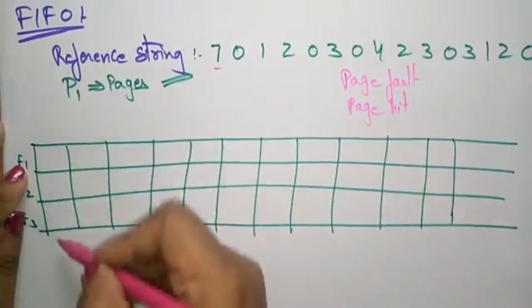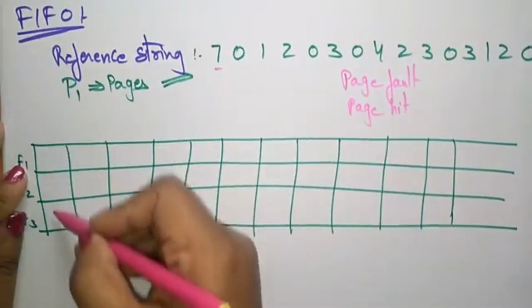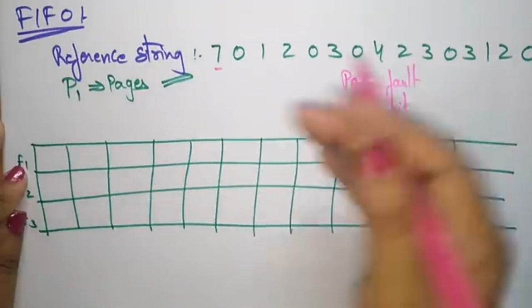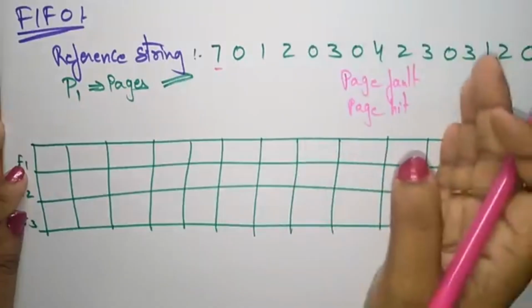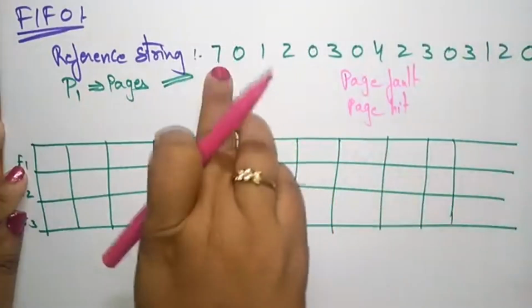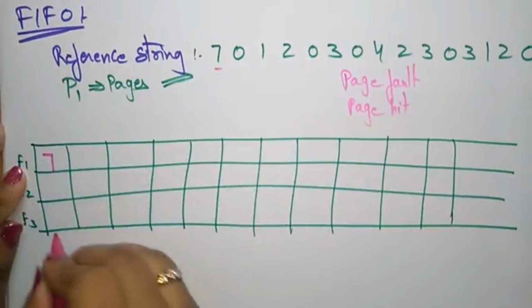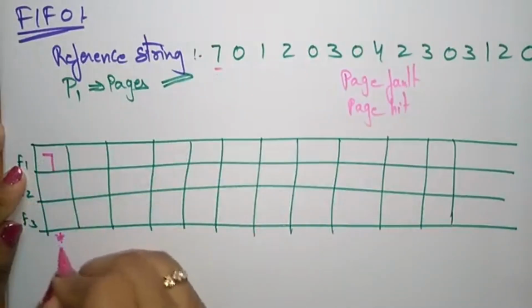First it is free, so 7 is not here. Whenever 7 is not here, what will the CPU do? The control transfers to the operating system, and from the operating system to the disk, from the disk we get the 7th page and place it in the main memory. So this is a page fault.